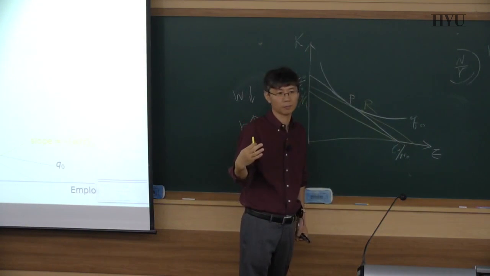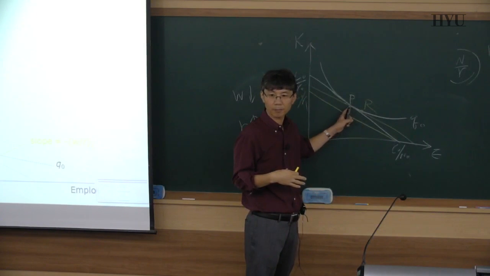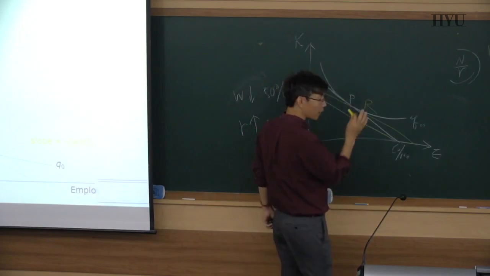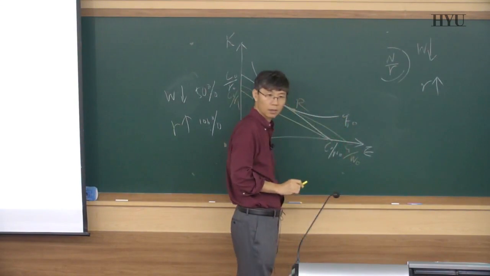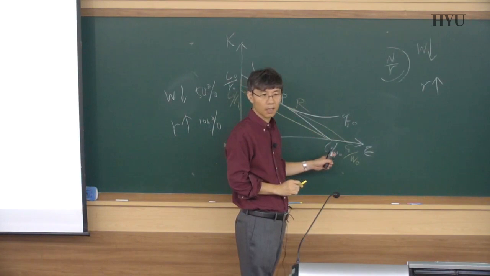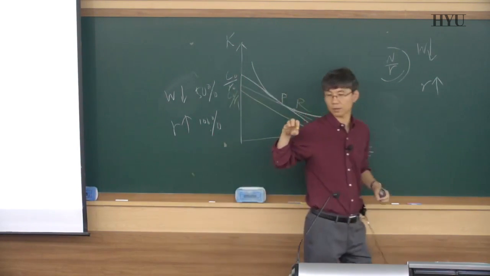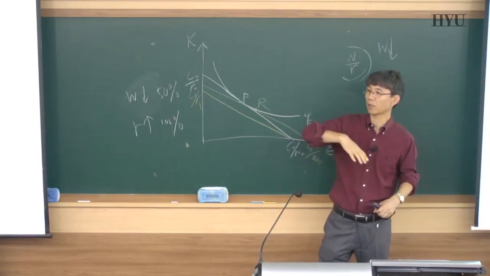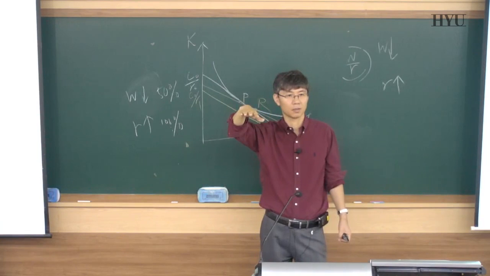If the slope is the same as before, then the point is basically the same, P and R. However, if you look at the total cost, it will be higher, right? So when the wage falls, they will hire more labor with lower total cost.